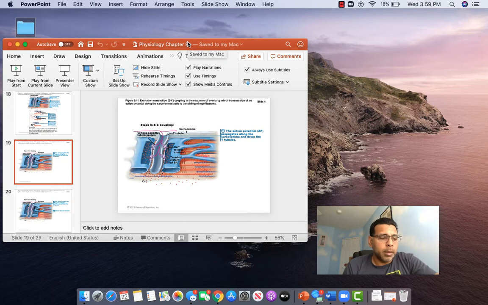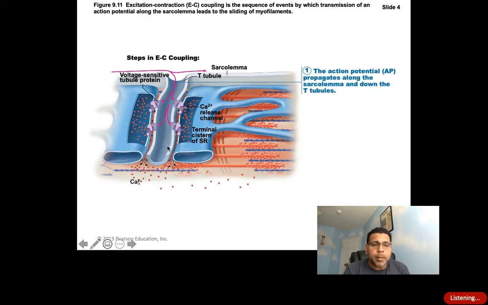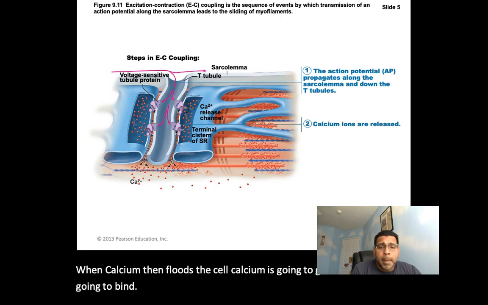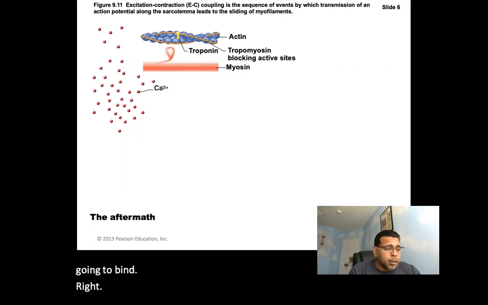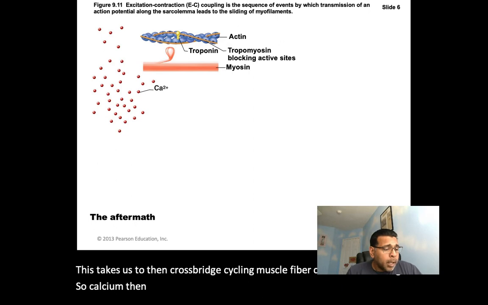Allowing calcium to make its way out. So here we can see calcium then floods the cell, and calcium is going to bind. This takes us to cross-bridge cycling, muscle fiber contraction. So calcium makes its way out, and calcium goes and binds to troponin.